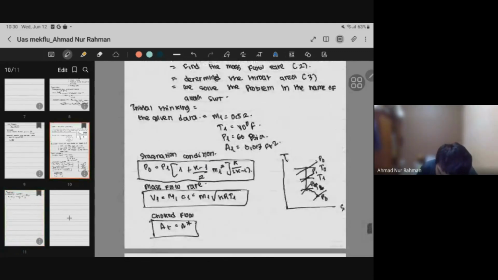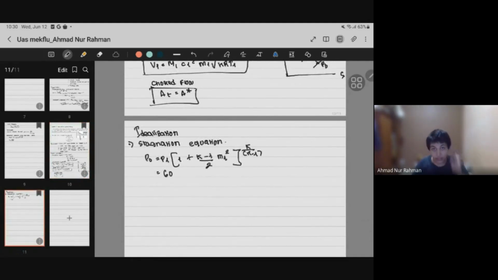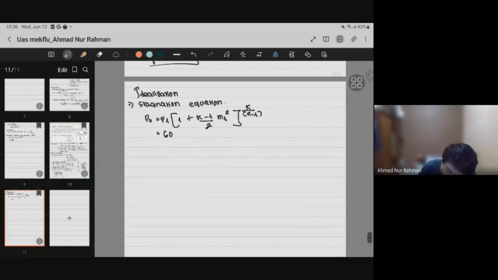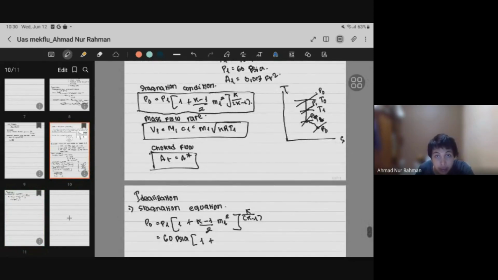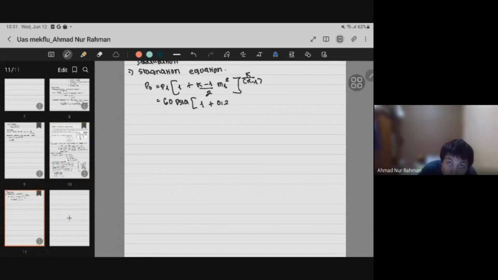So 60 psi times 1 plus 0.2 times 0.52 squared to the power of 3.5 equals 72 psia.